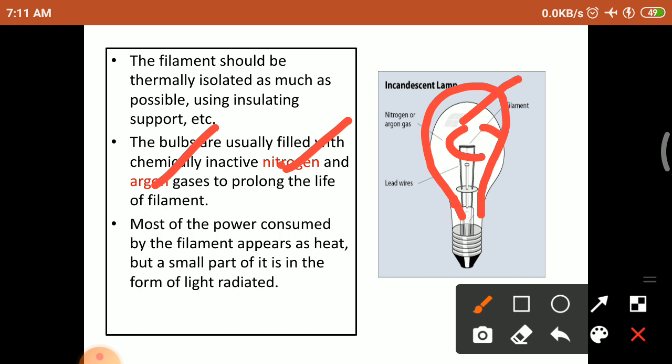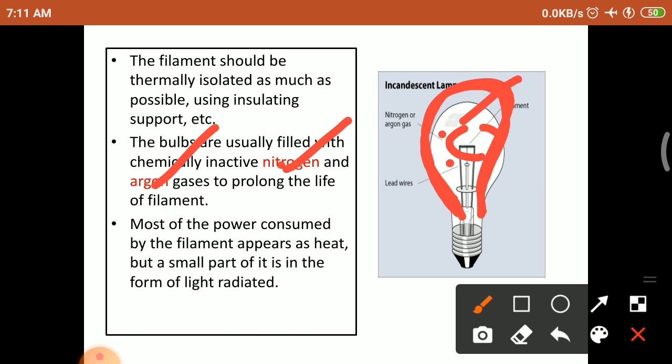Do you understand? The filament of the electric bulb is isolated because if air is present, the extremely hot tungsten would burn up quickly in the oxygen of the air. So we have to fill inactive gases, nitrogen and argon, inside the electric bulb.